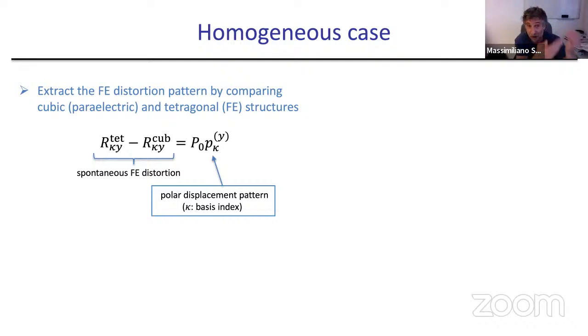Typically, polarization is expressed in coulomb per meter squared. But in ferroelectrics, the polarization is dominated by a lattice distortion. So in the context of this work, we found it more natural to express P0 in length units, as you would expect for a lattice displacement. And this P(k) becomes a dimensionless set of 5 numbers, where k runs over the 5 atoms in the unit cell of the perovskite.